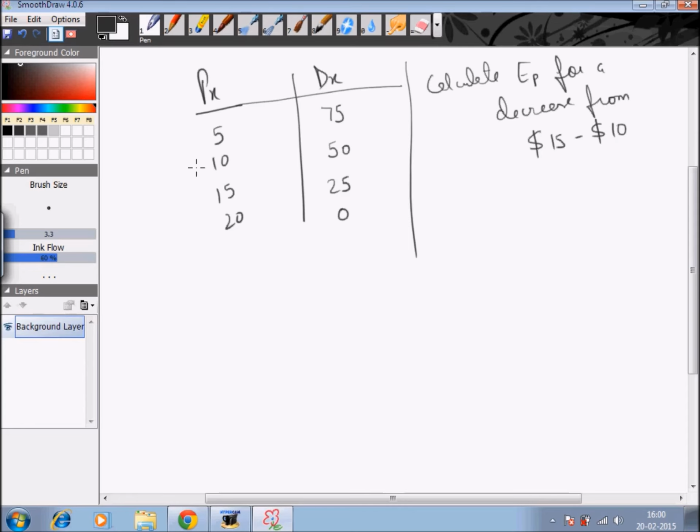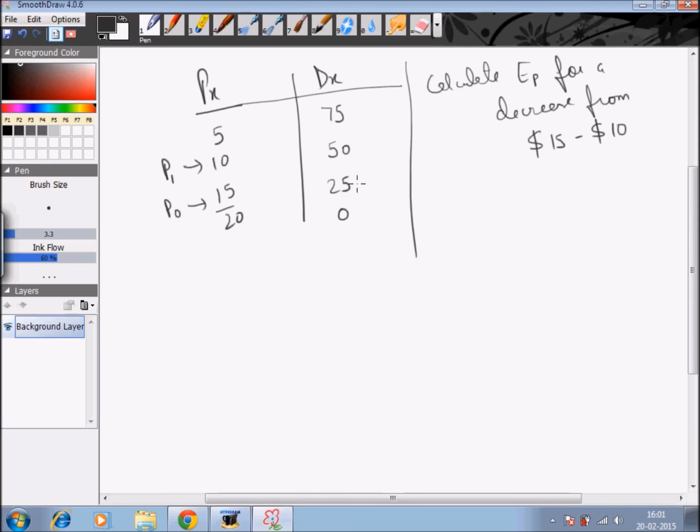Now again, in this particular case, 10 is our P1 and 15 is our P0. That is, $15 is the initial price and now it has fallen down to 10. So it's the final price.